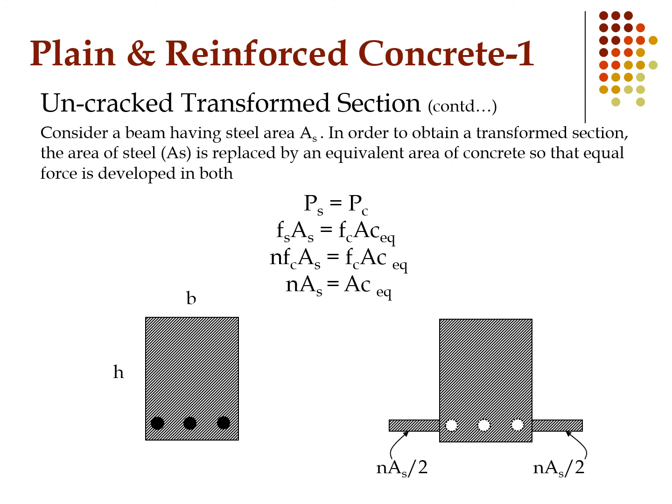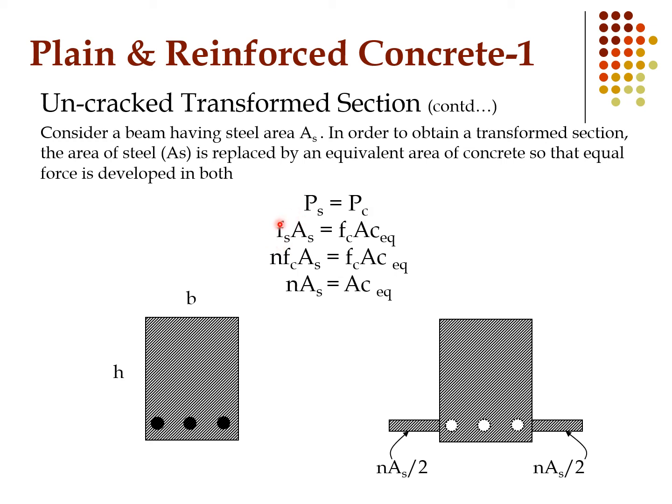Now uncracked transformed section. Consider a beam having steel area equal to As. In order to obtain a transformed section, the area of steel is replaced by an equivalent area of concrete so that the same force is developed in both. So force in steel Ps is equal to force in concrete.